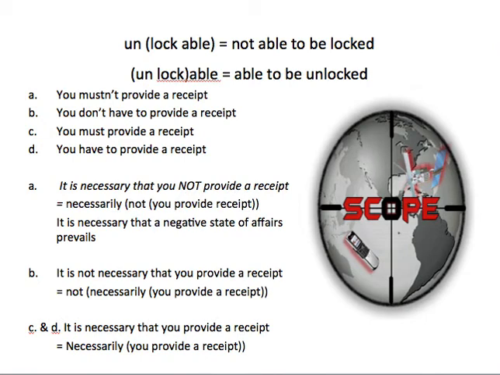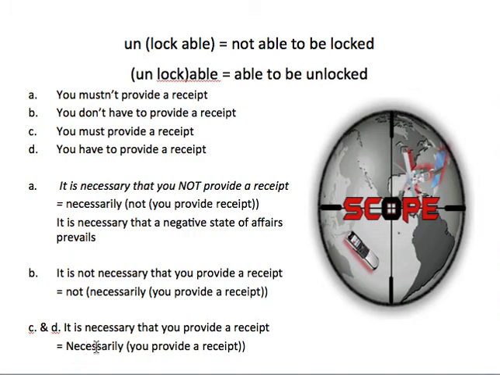Or put that in more understandable language, it's necessary that a negative state of affairs prevails. Whereas in B, notice where the not is now: it is not necessary that you provide a receipt. And again, you can contrast where the negation comes. And so what we have is an explanation of the difference between the meaning of don't have to and mustn't.